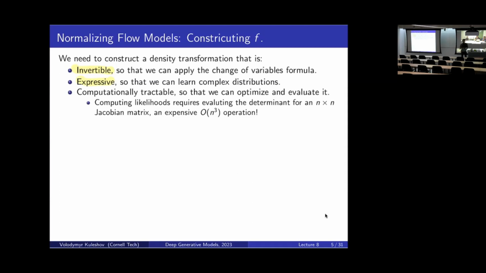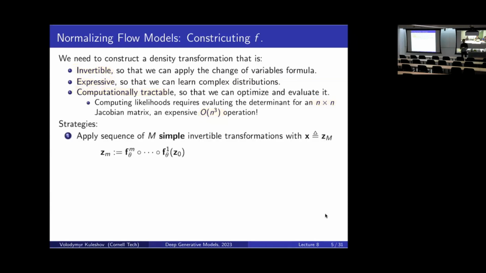And finally, as I alluded to earlier, it has to be computationally tractable so that we can apply and optimize the change of variables formula in a reasonable amount of time. And again, naively, taking the determinant of an n by n matrix takes n cubed. So it's not any invertible function that will work here.